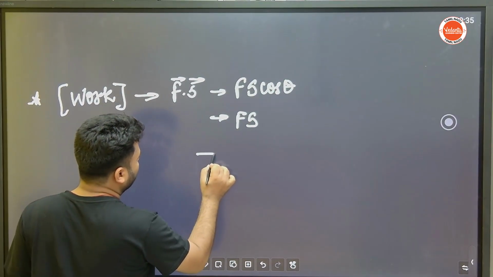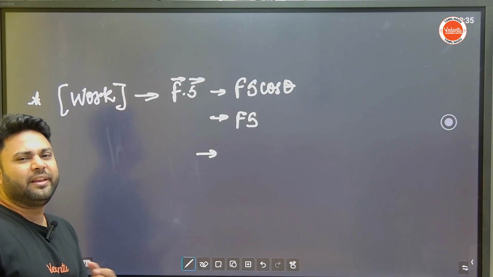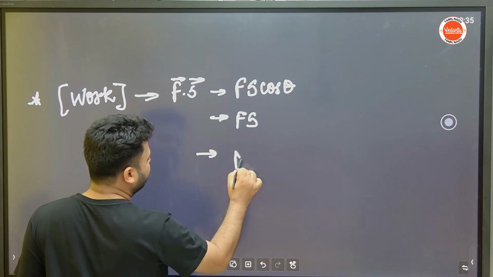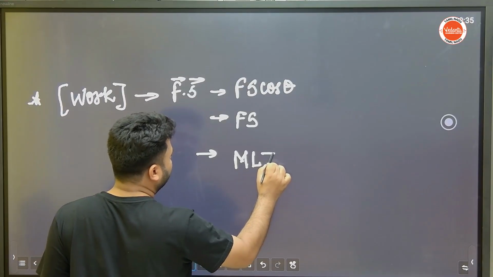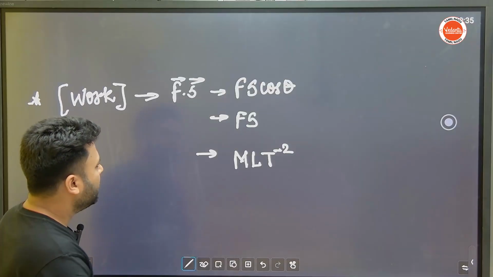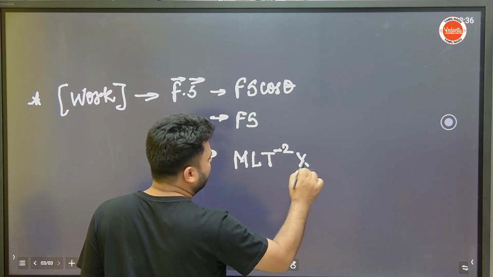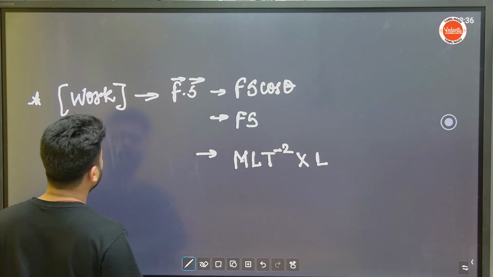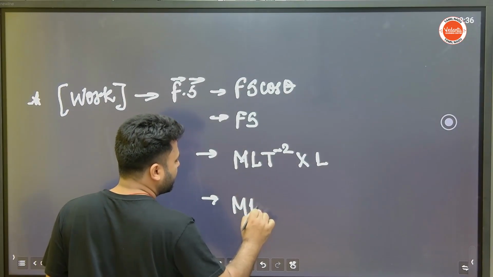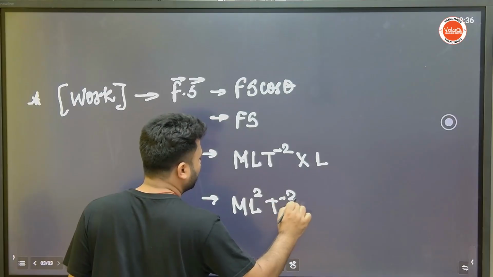Now why I told you to remember force, because force comes many times. See here, what will you write as the dimension of force? mLT^-2, multiplied by displacement. So finally we are getting mL^2T^-2.